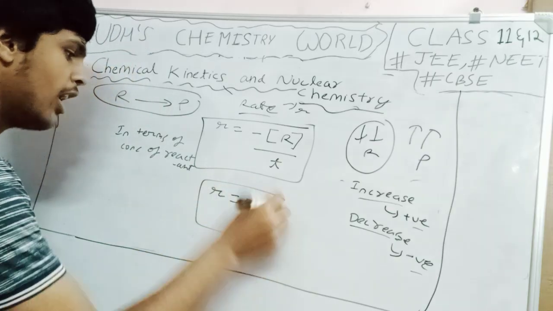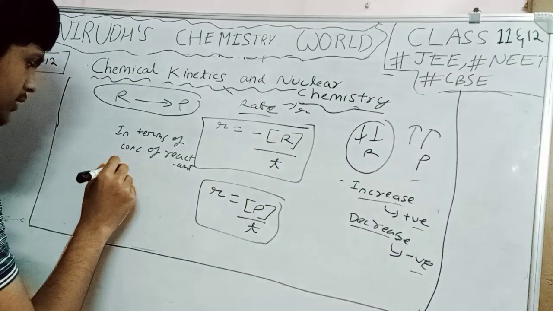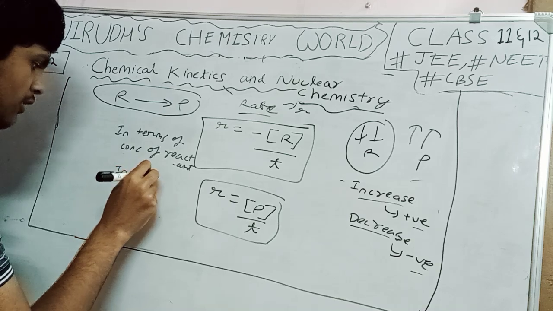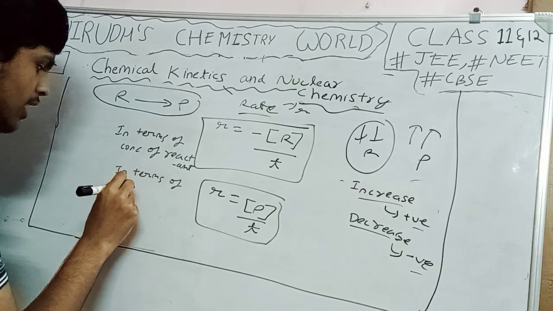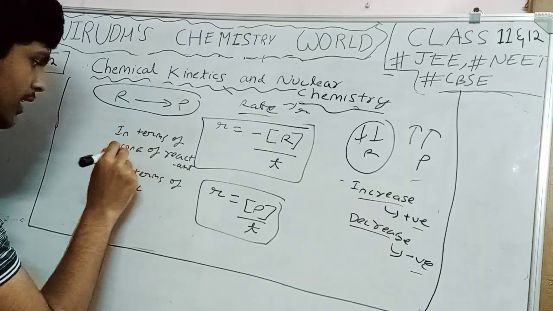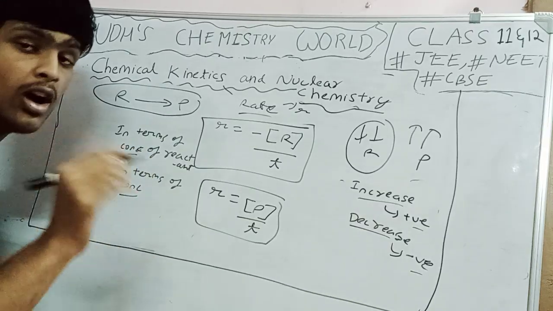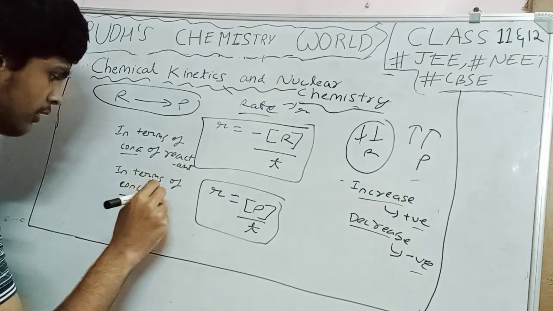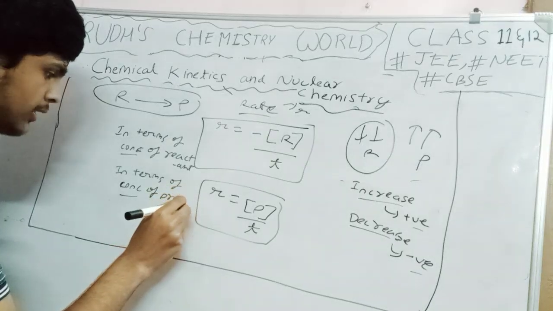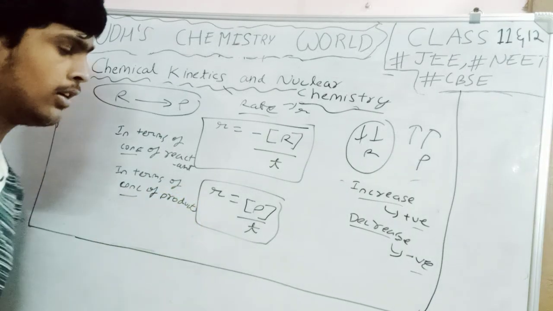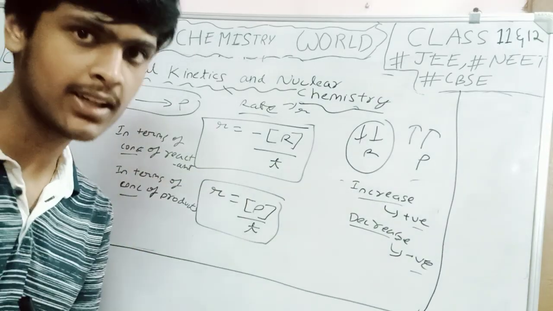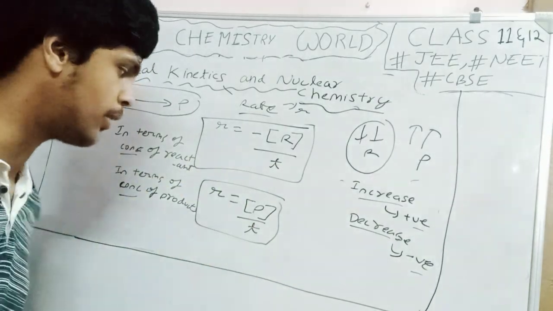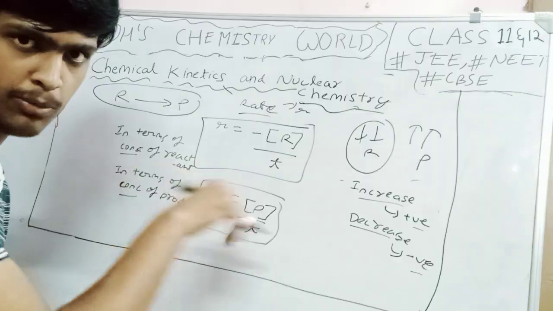This is the formula in terms of products. CONC means concentration, don't confuse. Rate of reaction is defined as the decrease in the concentration of reactants per unit time or the increase in the concentration of products per unit time.